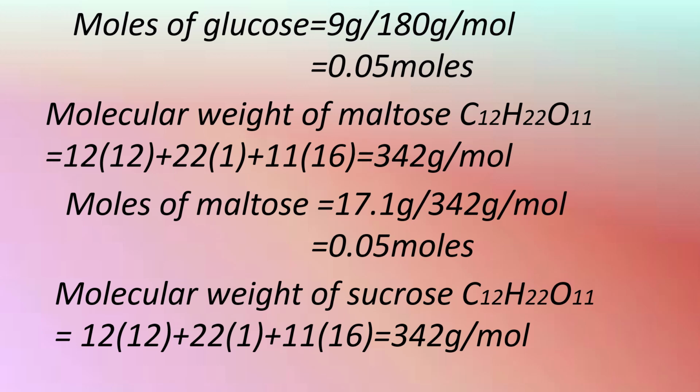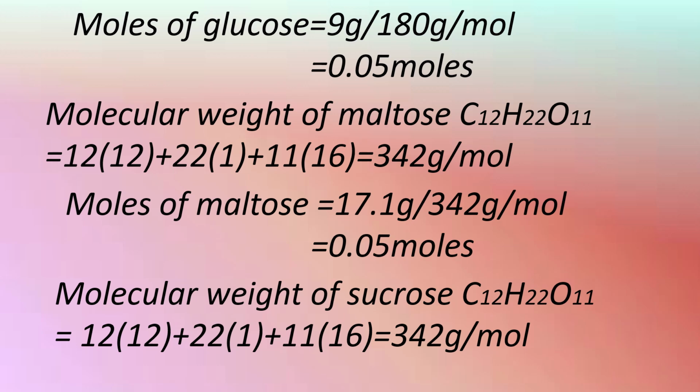The molecular weight of maltose is calculated to be 342 gram per mole. Now we will calculate moles of maltose: amount divided by molecular weight of maltose, 17.1 gram divided by 342 gram per mole. Answer is calculated to be 0.05 moles.